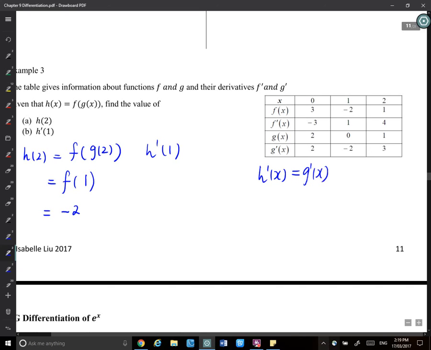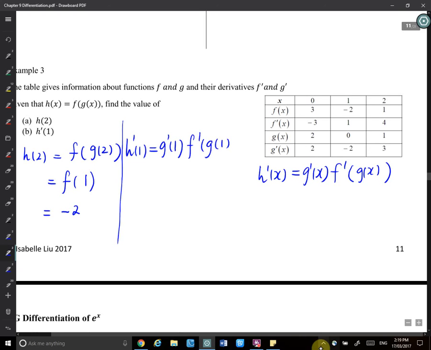You derive the inside function, you derive the outside function, and you still put the inside function in this one. So that is h'(x). So what is h'(1)? h'(1) will be g'(1) f'(g(1)).